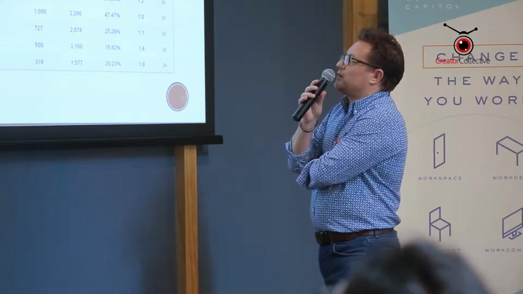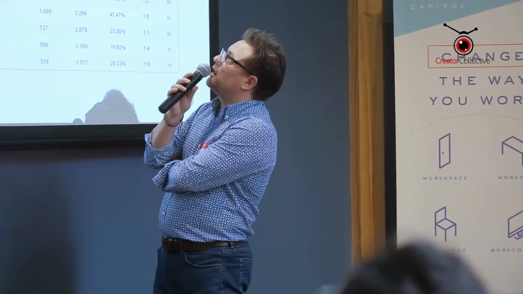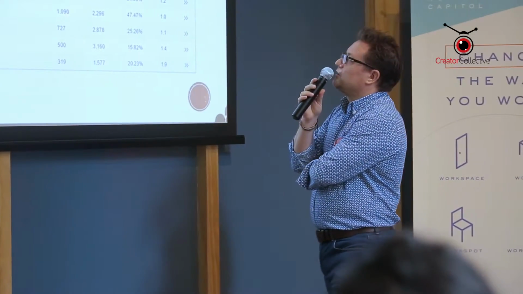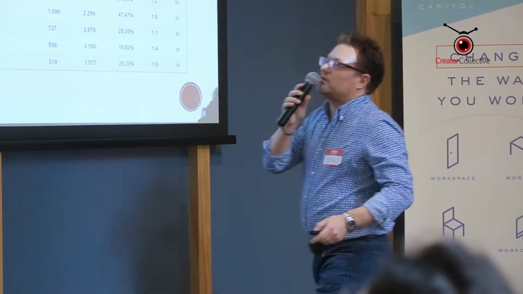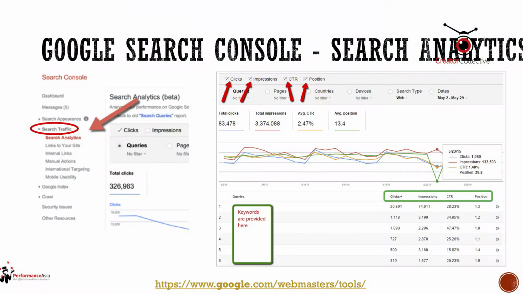So here's a split screenshot. The reason I'm showing you this: inside the console, we can look at some search traffic information in search analytics. This is a client's page, so I haven't shown it, but the keywords will be listed down here. These are the keywords that your site or your content is already being found on.